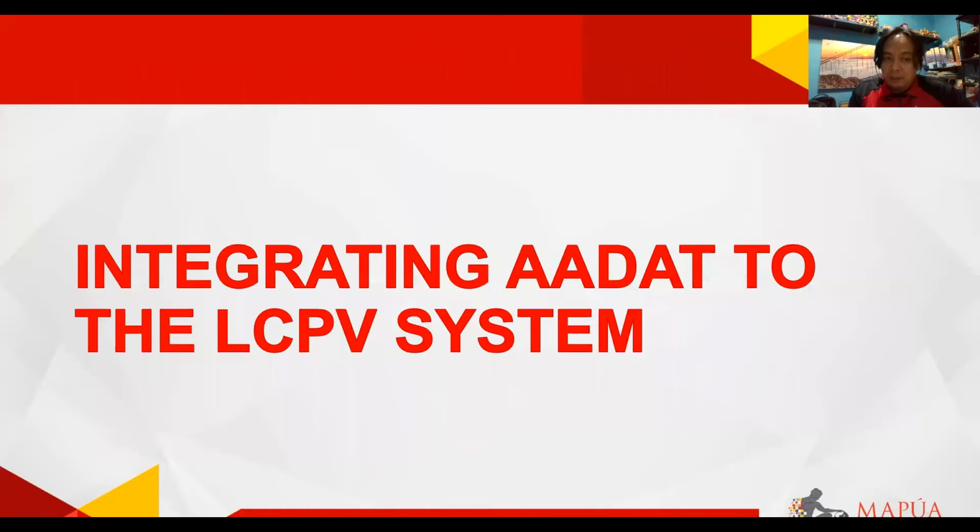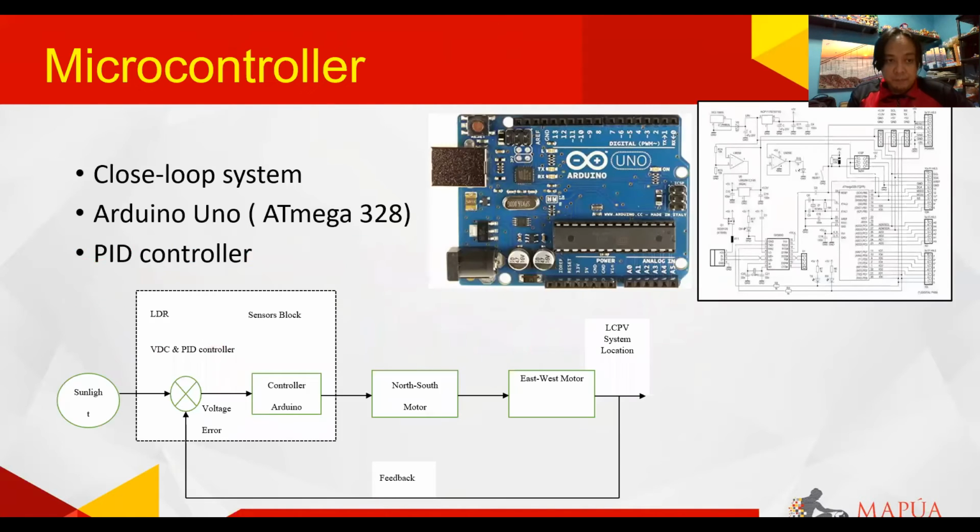So integrating the AADT to the LCPB system. We have the microcontroller here and the loop system, and we use the Arduino Uno ATmega328 and a PID controller. The feedback controller of the system is composed of the Arduino ATmega328 together with the LDR sensors and a variable resistor that functions as a voltage divider.